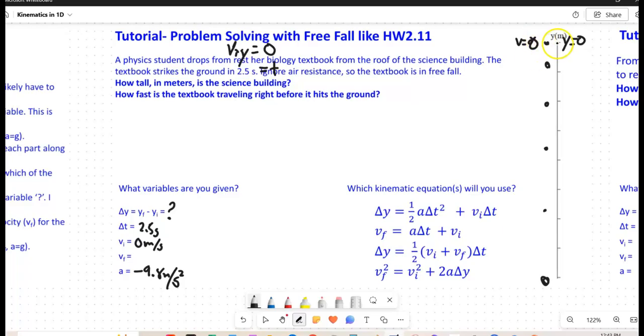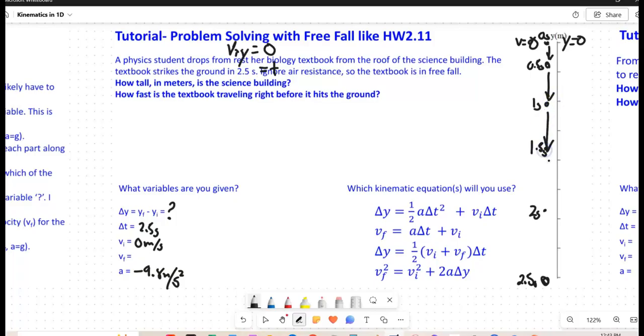So its velocity is 0 and it's dropping. So each one of these, 0 seconds, 0.5 seconds, 1 second, 1.5 seconds, 2 seconds, and 2.5 seconds. So this kind of helps us see what's happening, as it starts building up its velocity.